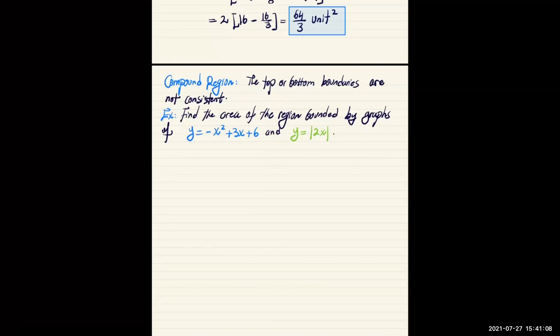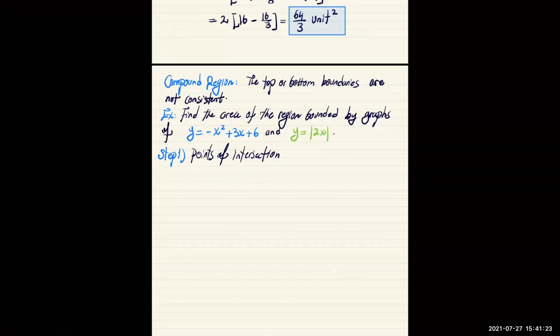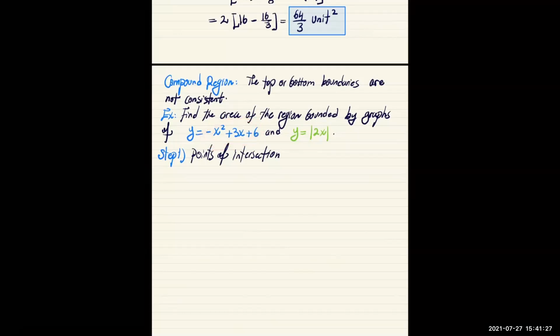So step 1, intersection points. Okay, guys, so I need to again set this equation equal to this equation. And don't yet panic and say, oh crap, I got an equation that involves absolute value.